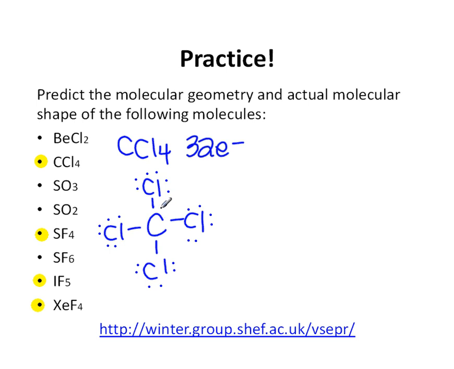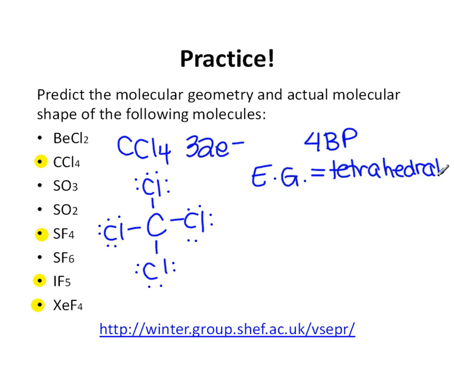So we look at carbon. How many groups are bonded around carbon? 1, 2, 3, 4. And they're all bonds. So this means there are 4 bonded pairs around the central atom. If we go back to our chart, 4 bonded pairs means our electron group geometry, or our family, is tetrahedral.